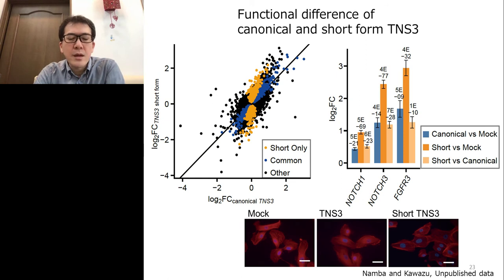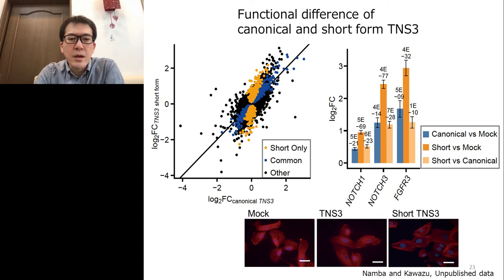To investigate the function of short form TNS3, we analyzed the gene expression profile of MCF10A cells into which a viral vector expressing canonical TNS3 or short form TNS3 was introduced.